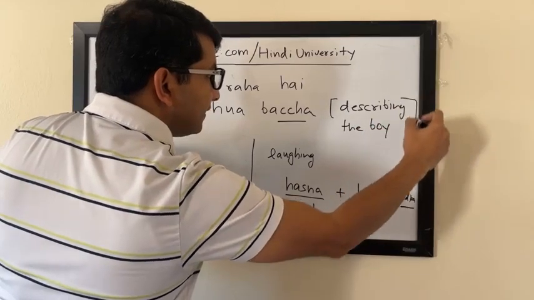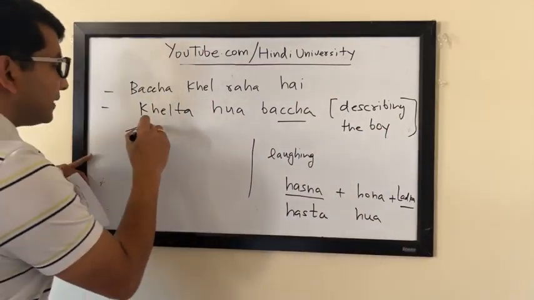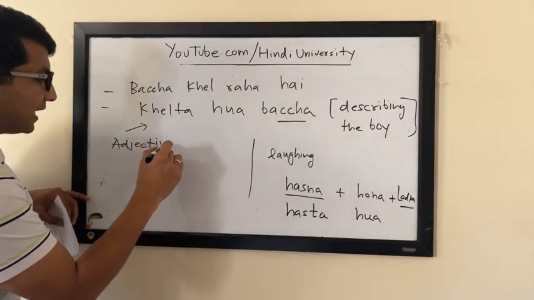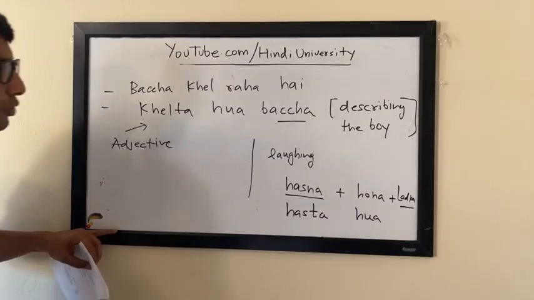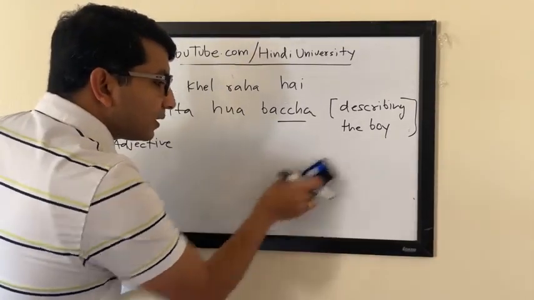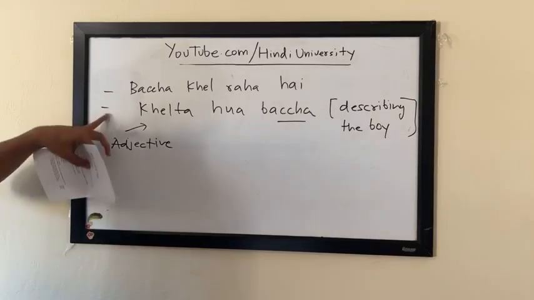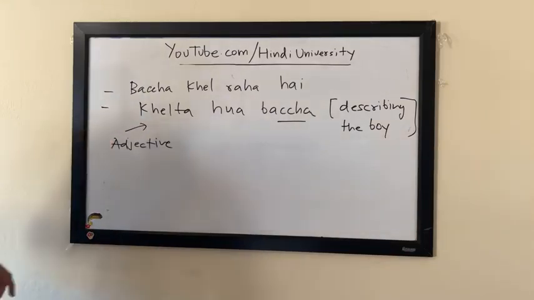And whenever you're describing the noun, you can tell that it is used as an adjective. You will learn that when we go over English and Hindi as well. So that basically distinguishes the description of the boy.